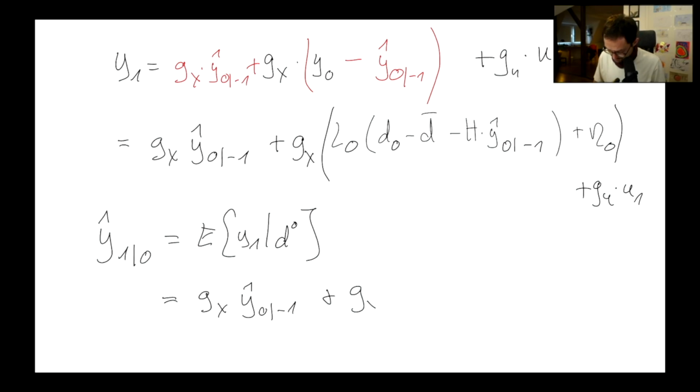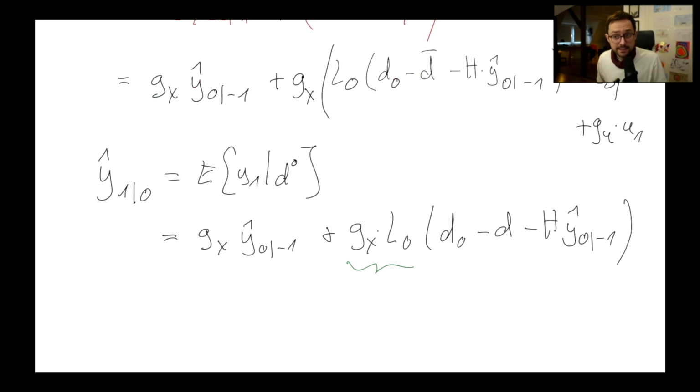So plus Gx times L0 times d0 minus H y hat 0 minus 1. The expectation of the residual given information is always 0, okay? It's orthogonal to everything, and the expectation of next period's shock given information at t equals 0 is also 0. So I'm left with that term, Gx times L0, d minus that guy.